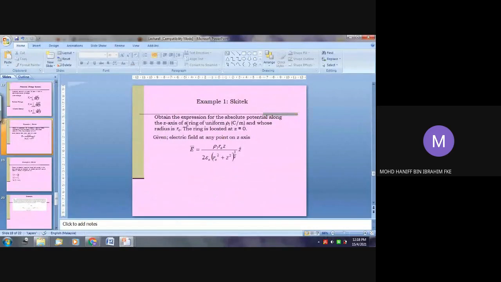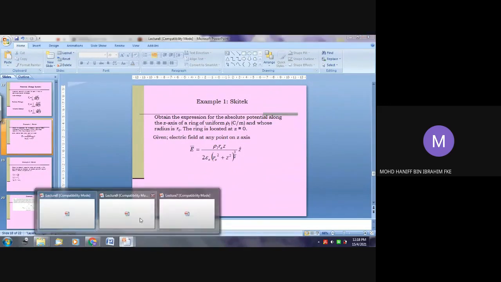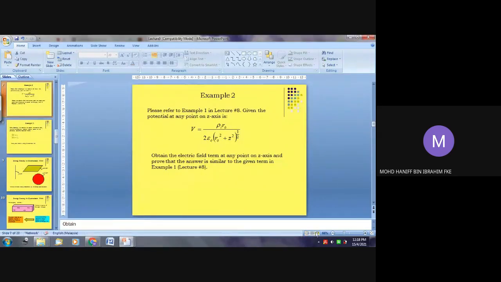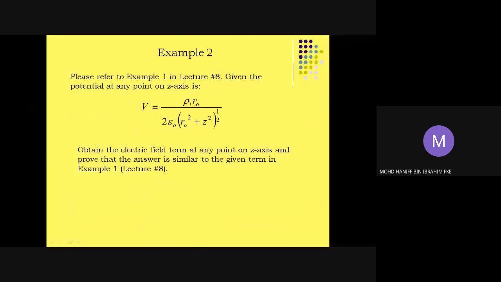We are given a ring of uniform rho L. Okay, so we go back to lecture 9. We are given the problem of a ring, having a radius of R naught and a charge of rho L coulombs per meter, which is a ring. And that should be the axis of your ring.